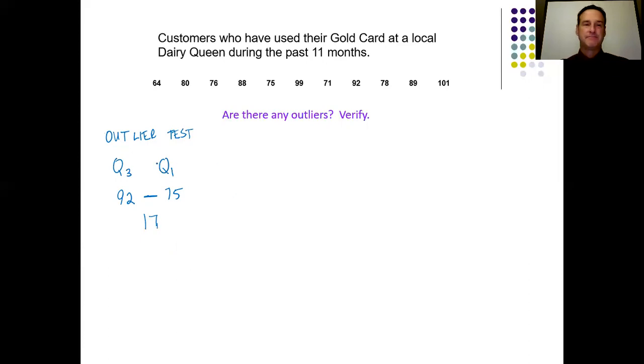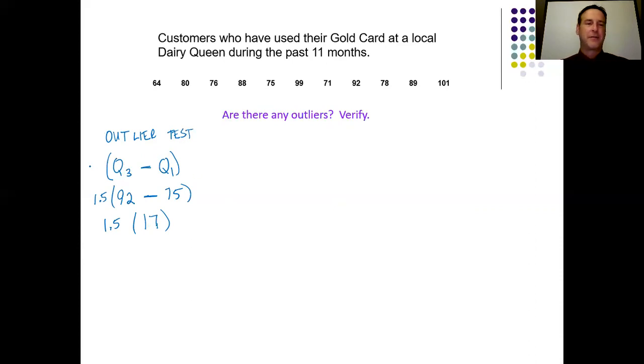Once you subtract them, you're going to do this kind of unusual step. You're going to multiply this answer by 1.5. The most common question is, why 1.5? It's the number they came up with, and you'll learn more about percentages later, but 1.5 is the number they chose, and you'll have to use it every single time.